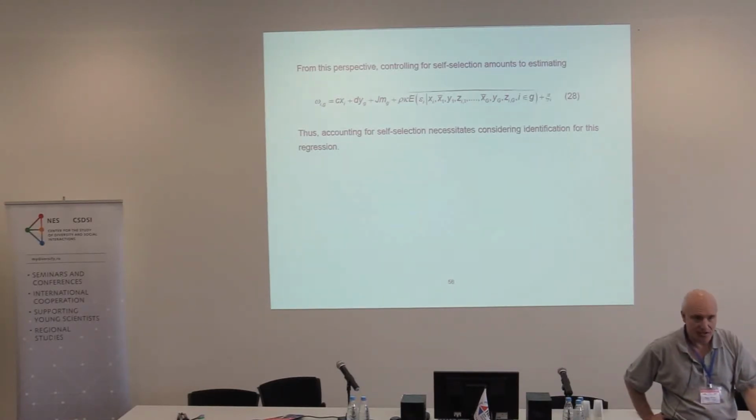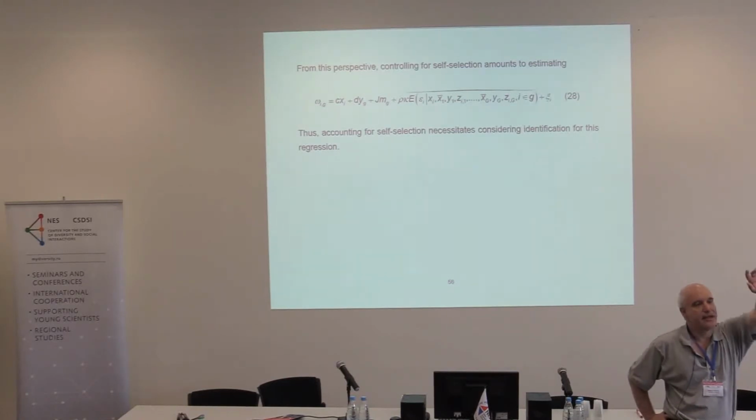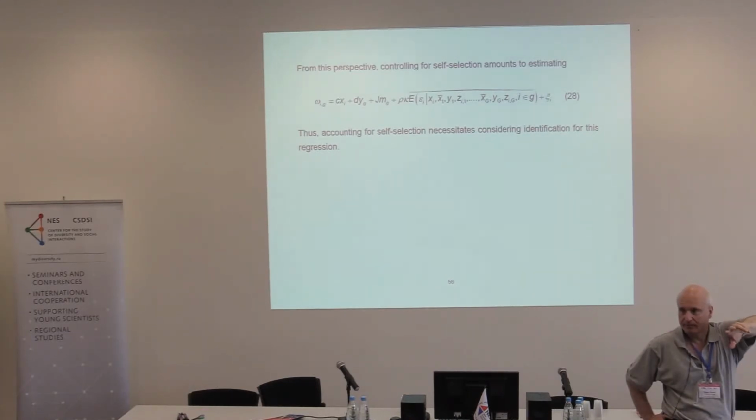I gave you the identification conditions when the errors, the unobserved heterogeneity, are orthogonal to the regressors. Once you implement the Heckman selection correction, or whatever generalization is appropriate for the environment, you once again have a model in which outcomes depend on individual level variables, group level variables, and unobserved heterogeneity that is orthogonal to the regressors.